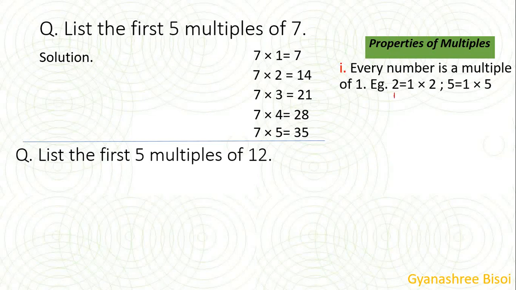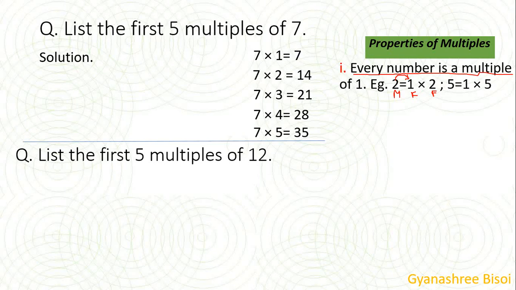So 2 is the multiple. But 1 and 2, these two are factors of this multiple. So 2 is a multiple of 1 as well as 2 is a multiple of 2.